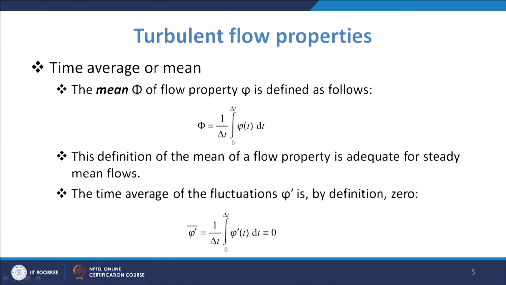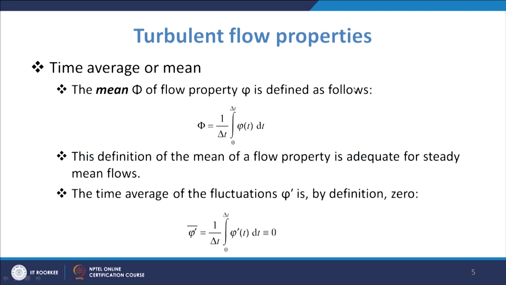Now coming to some descriptors of the turbulent flow. As we discussed, in the case of turbulent flow you have a mean component and a fluctuating component. So what we do normally is, you will have the flow property phi, and this will be defined as the mean phi plus phi prime t.